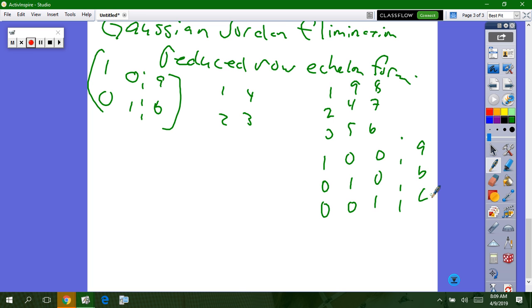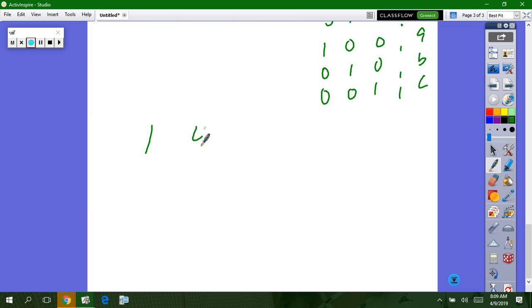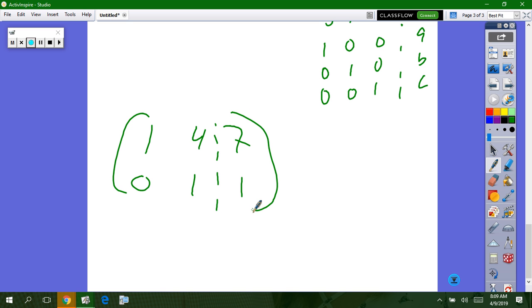So, can somebody tell me what I got to on the row echelon form? I had 1, 4, 7, is that correct? And then I had 0, 1, 1. Yes? Okay. Now, could we find our solution from here? Did we find our solution that x was 3 and y was 1? We did, didn't we?